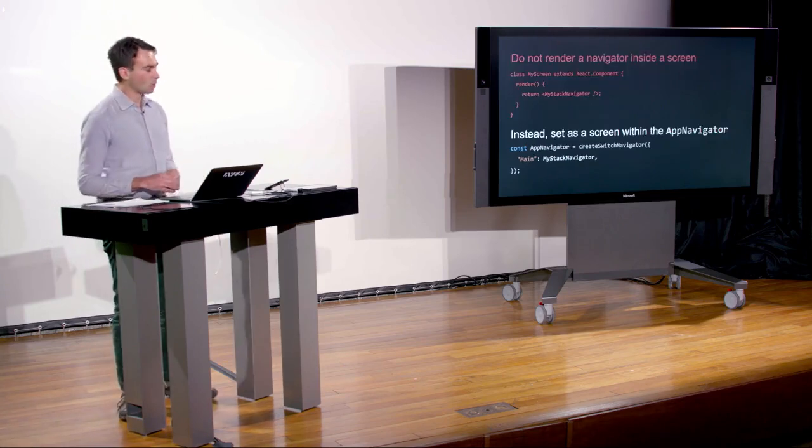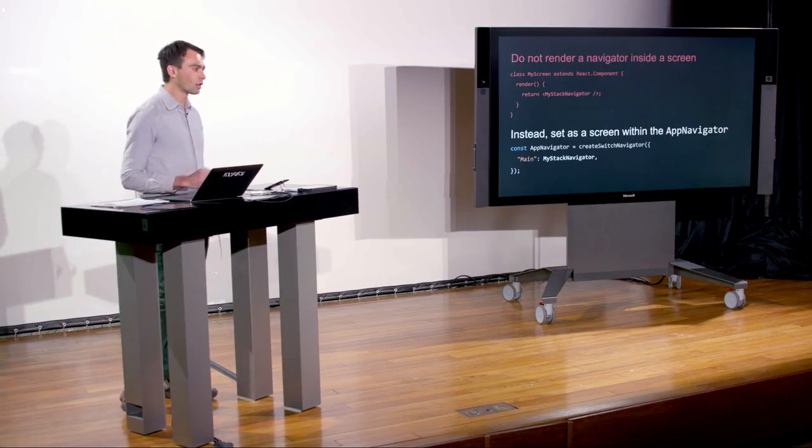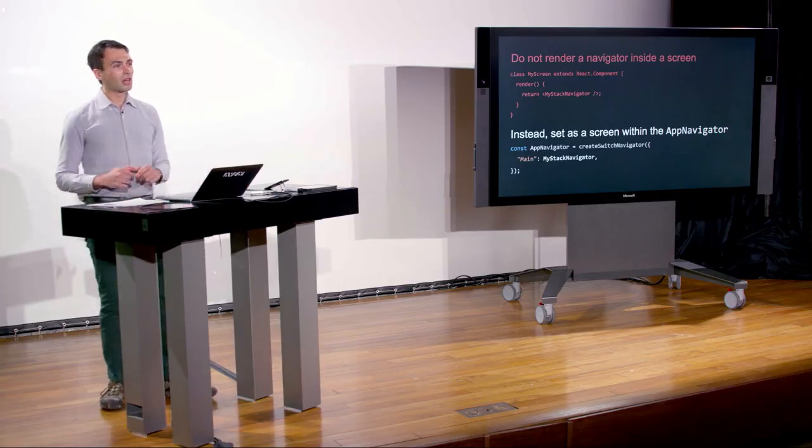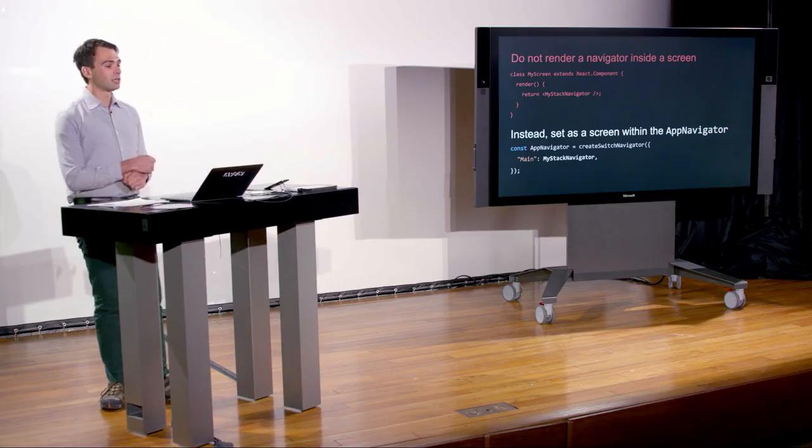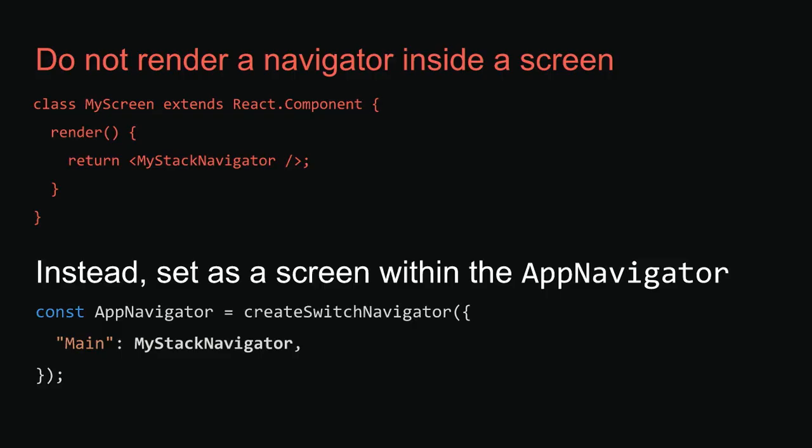All right. So like I said earlier, just one gotcha you should really be careful about is to never render a navigator inside of a screen like this. You only ever want to render a navigator by itself, sort of at the top level. And you always want to make sure that the navigators are linked together inside the higher order components, like you see here.